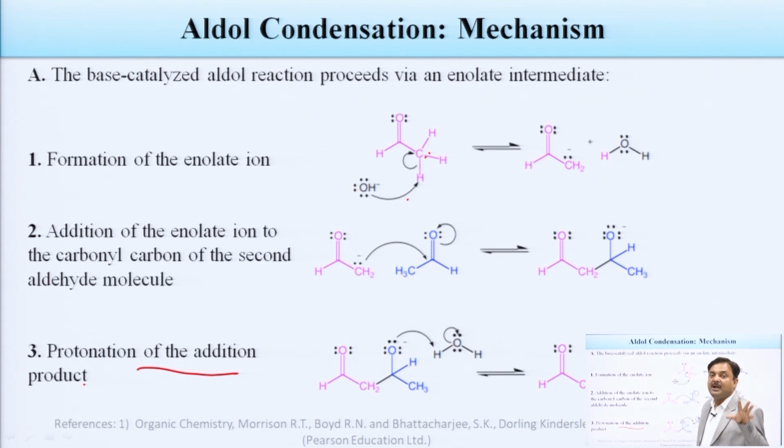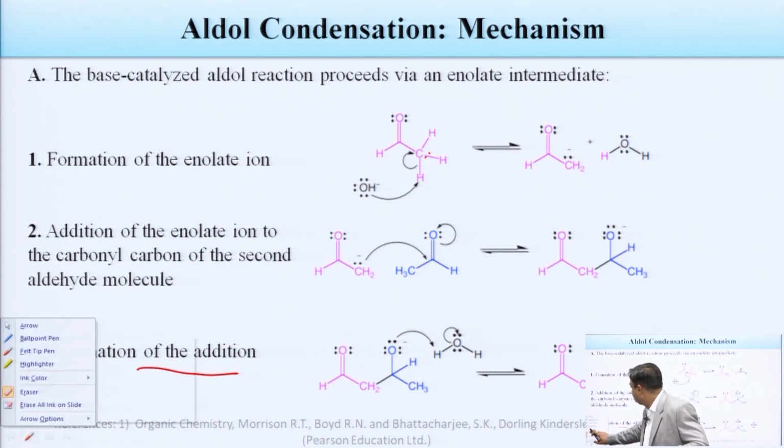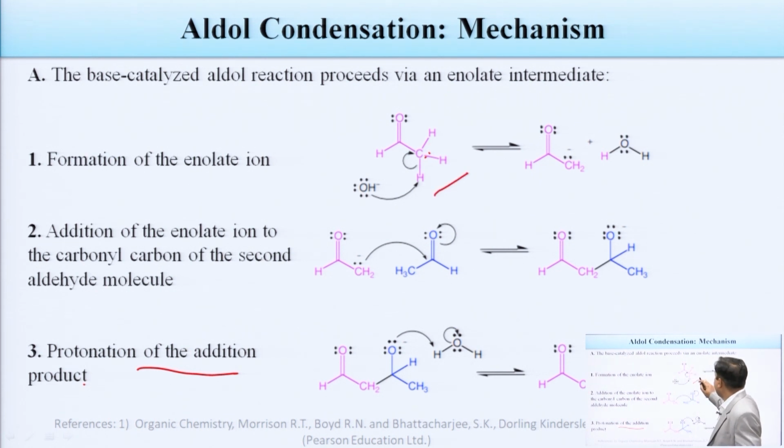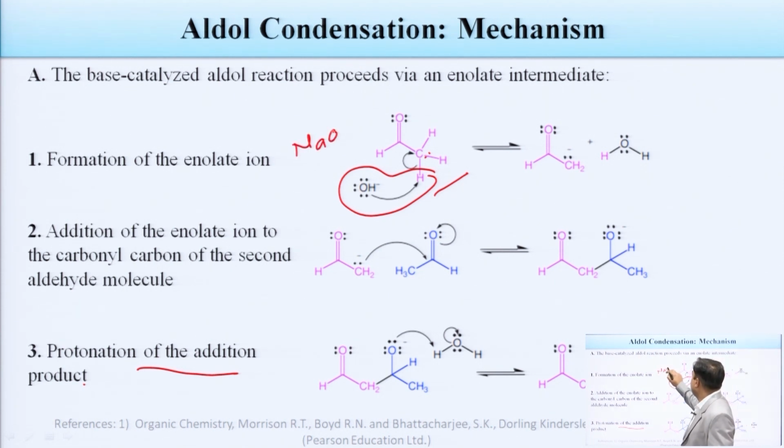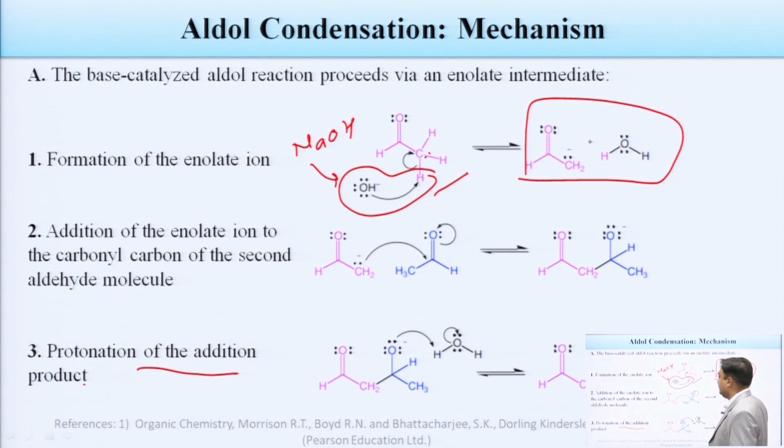In the first step, abstraction of a hydrogen atom from the aldehyde is done by the base like this. Here this hydrogen is abstracted by the hydroxyl ion, which comes from the NaOH. NaOH leads to the formation of OH minus in the solution, which abstracts the hydrogen, and we get the carbanion. That carbanion will ultimately attack the second aldehyde or ketone.